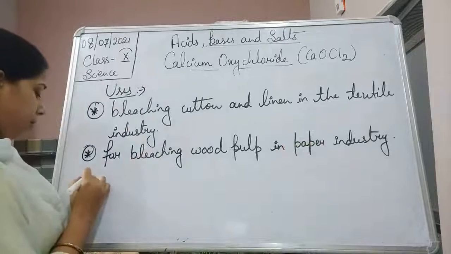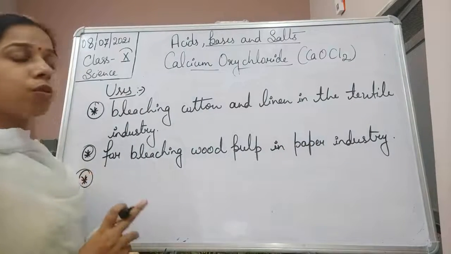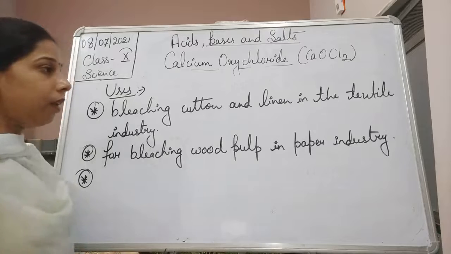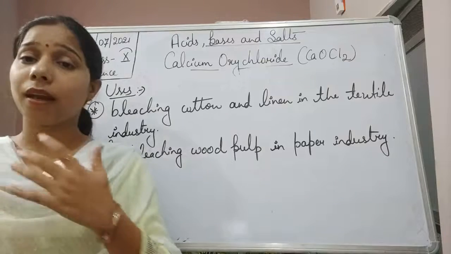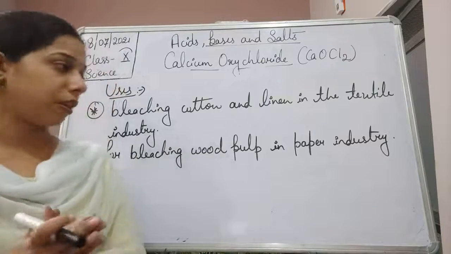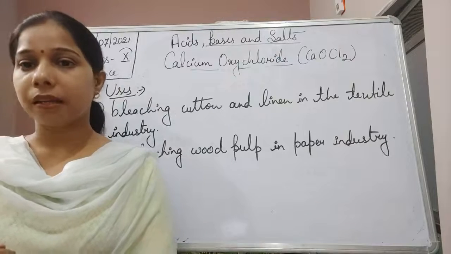So it is used for bleaching cotton and linen in textile industry, as well as for bleaching the wood pulp in paper industry.